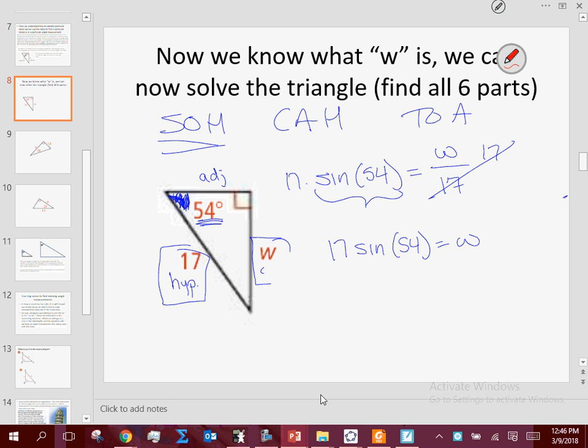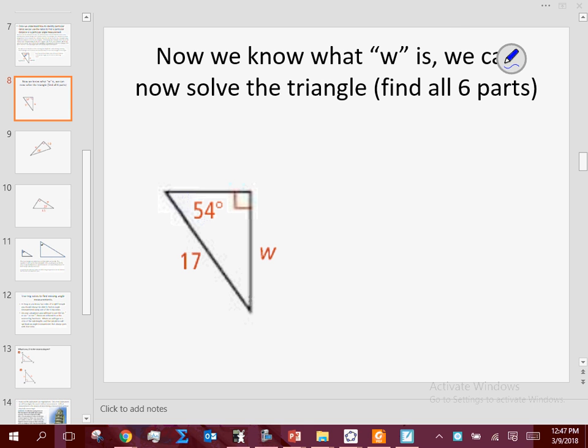Can we find Z up here? Now here's the thing. There's a lot of different approaches here, and I'm not going to cover every one with you, but we know that number right there is 13.753, and I've rounded it.